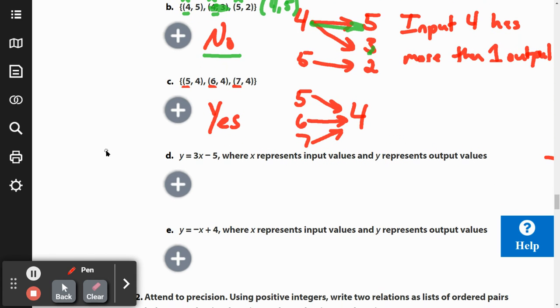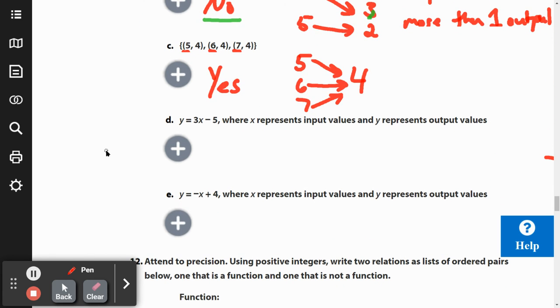All right, so I have an equation, and let's say I have some values of x and some values of y. Let's say I have a 0. So y equals 3 times 0 minus 5. 3 times 0 is 0, so y is negative 5.